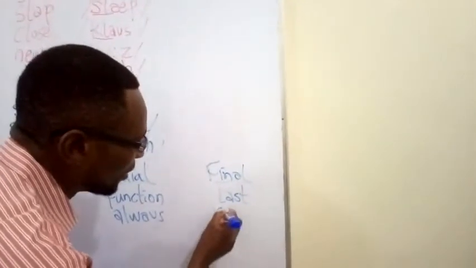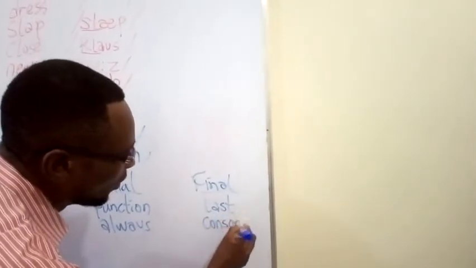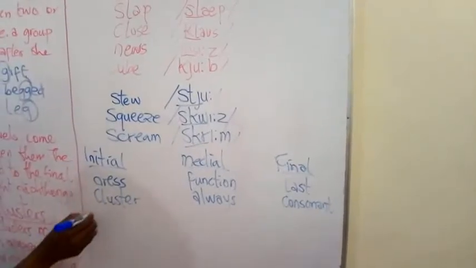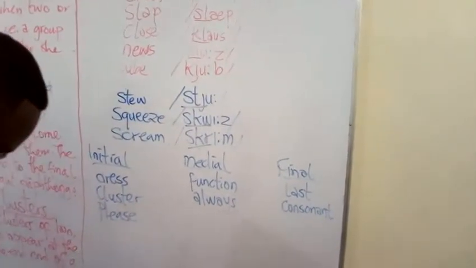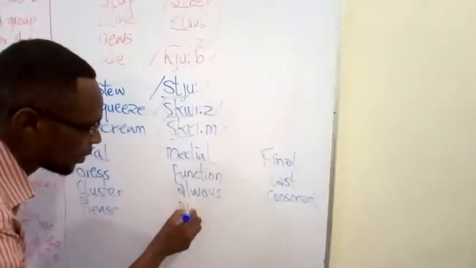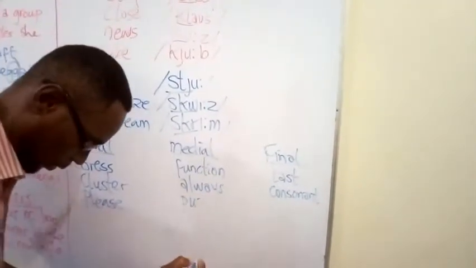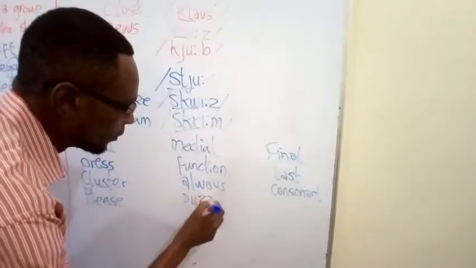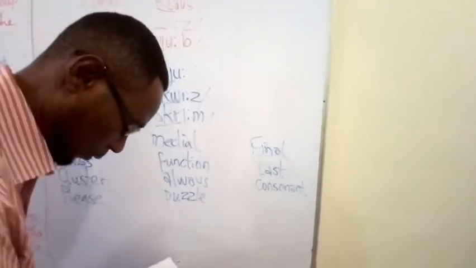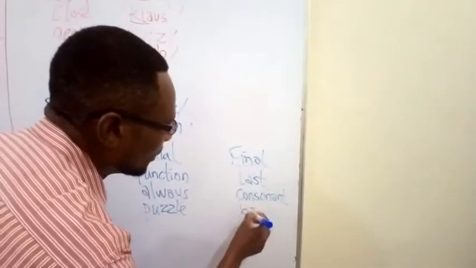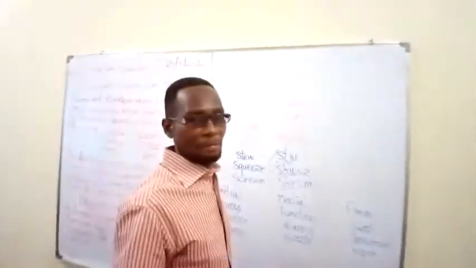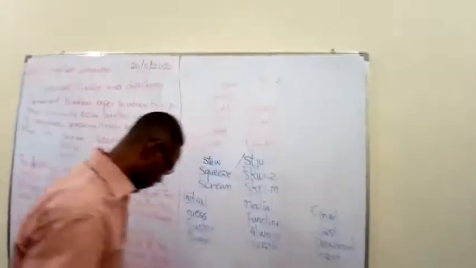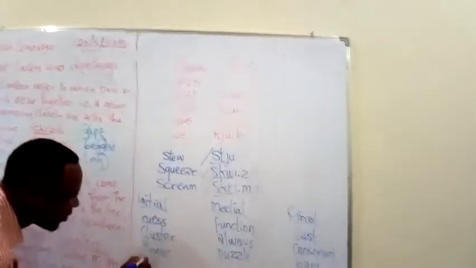Then consonant. Please. Okay, we've done this. Puzzle. Bank. Say it, let me hear you. Bank. Beautiful.